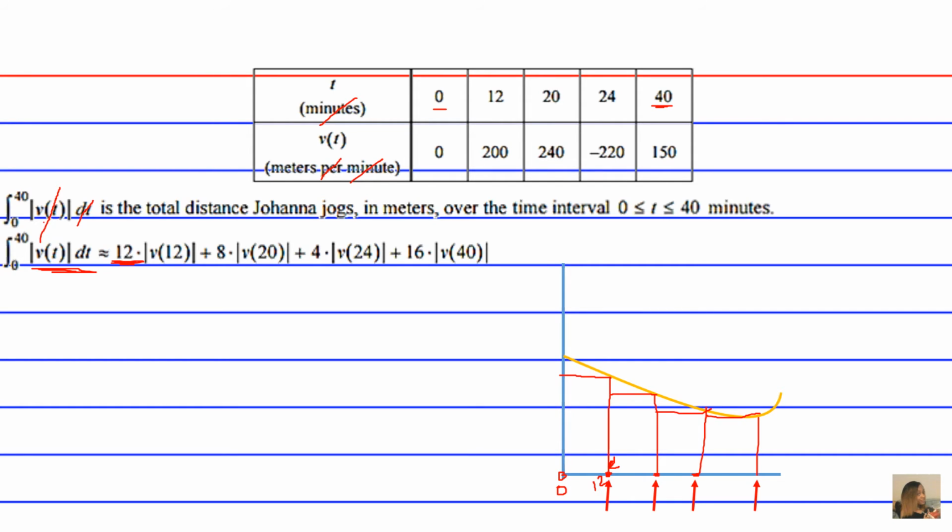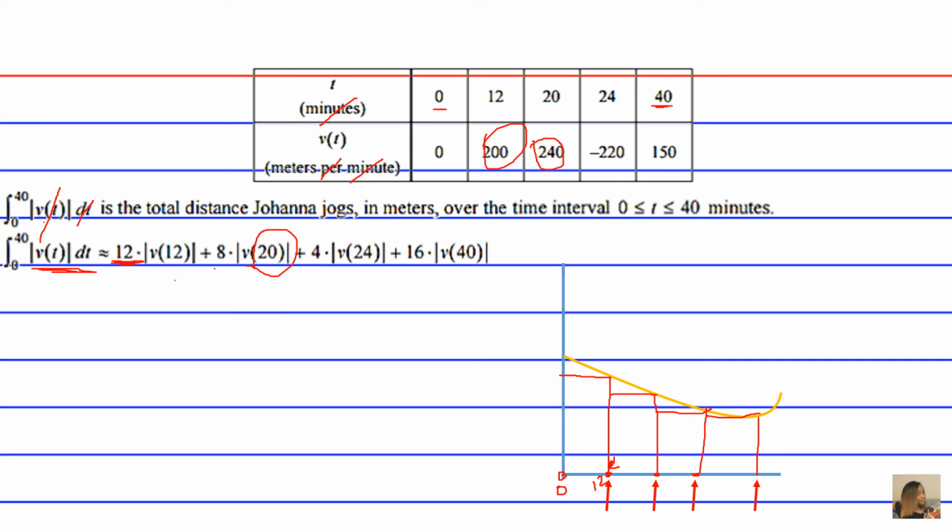All right, so let's see what this looks like mathematically. The integral from 0 to 40 of v of t dt is approximately 12 times v of 12, and v of 12 is 200, plus 8 times v of 20, and v of 20 is going to be 240.